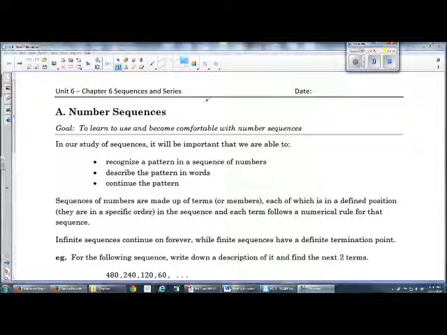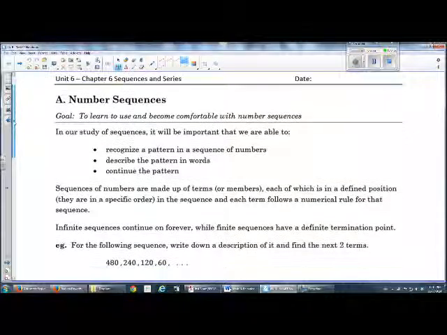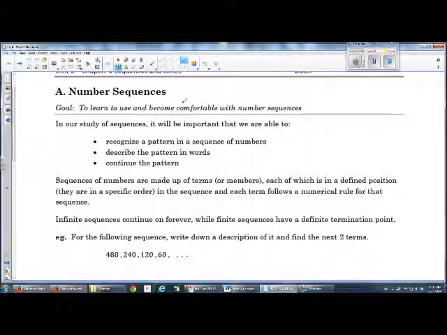We're going to be looking at number sequences over the next few lessons because sequences and patterns are all around us. And so we'll take a look at the number sequences that we will find in this math course.